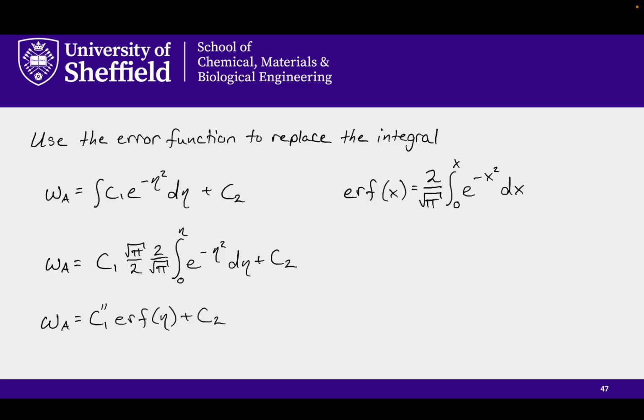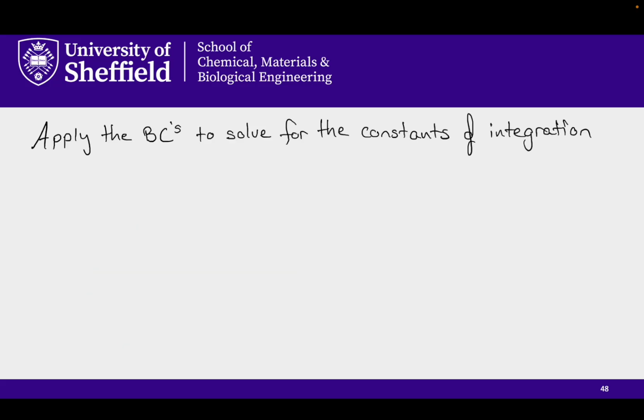When we do that, we pull out a new constant, which we'll call c1 double prime, since we already have a c1 prime, and the term highlighted in yellow is the definition of the error function. So with this simplification, we are ready to apply the boundary conditions and solve for those constants of integration.